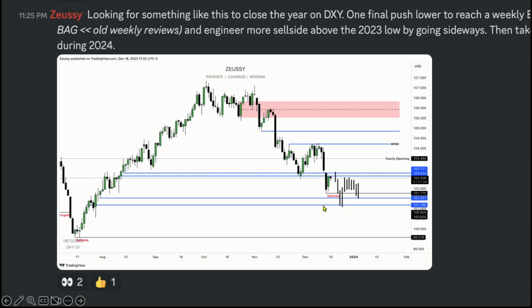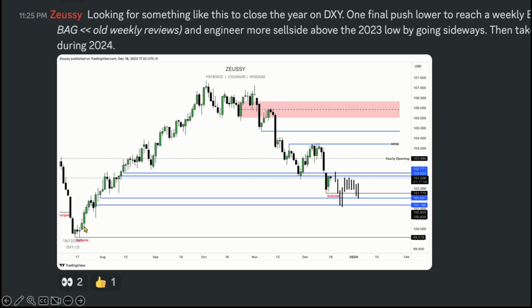This is a short-term low until proven otherwise, and then retrace, go sideways during the week of Christmas, and then for the next year, there's a new key low that got engineered in this area, plus the sell-side liquidity below here.